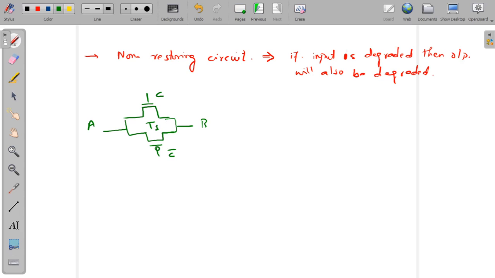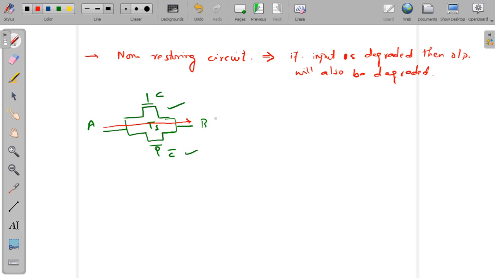So let's say if this is on, in that case the value of A will directly pass to the terminal B. Whatever is the value of A, that same value will get reflected at the terminal B. It does not try to correct that value, but whatever value comes from A, it just accepts that value.